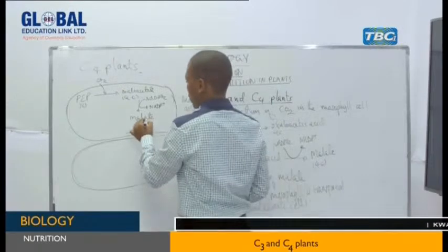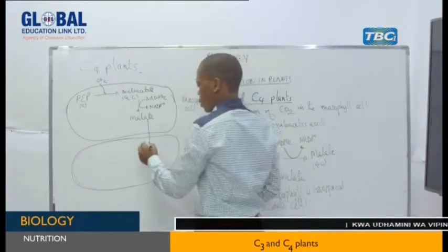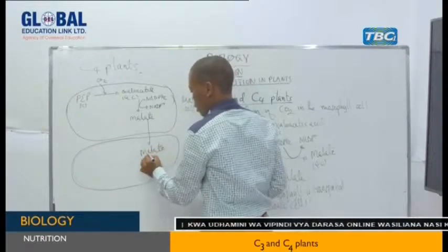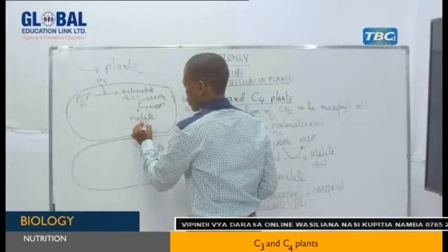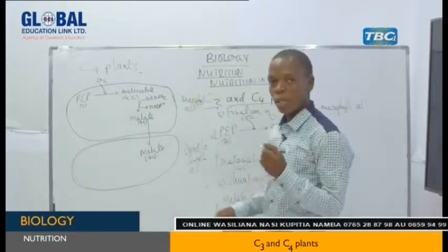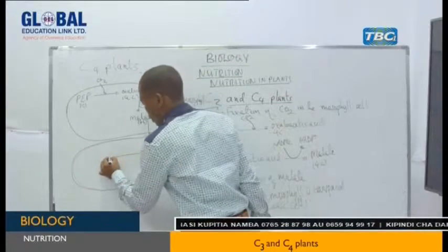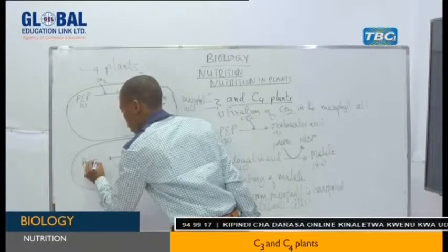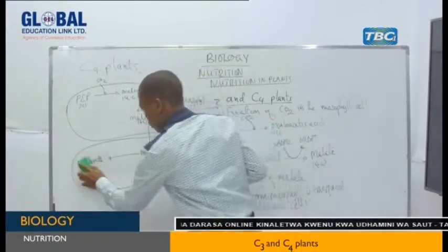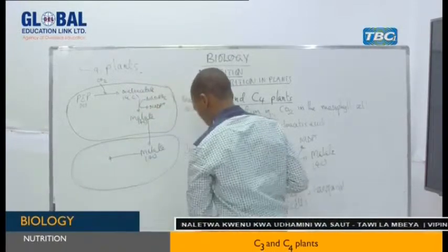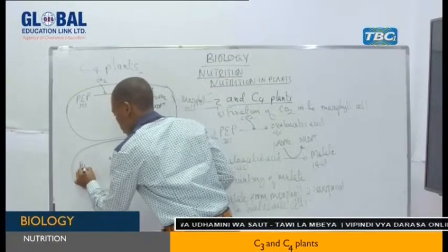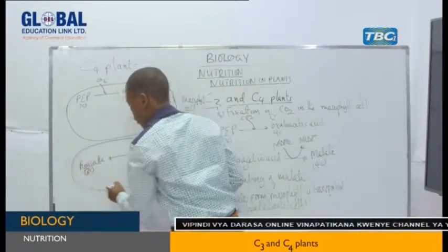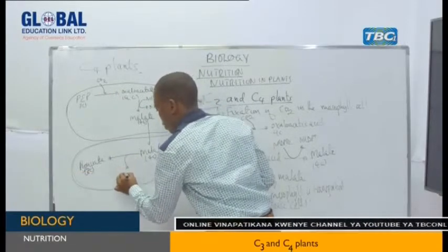Malate, after being formed, is transported into the bundle sheath cells. Remember, this is a 4-carbon compound. This malate in the bundle sheath cells dissociates to form a 3-carbon compound known as pyruvate, but also it forms carbon dioxide.